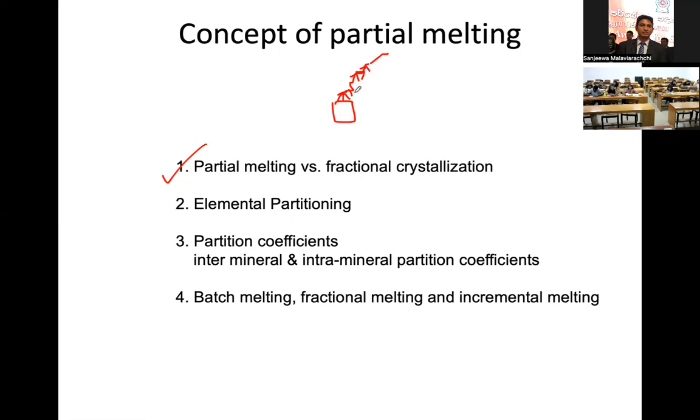And during this melt ascent, I said that when the temperature gap is there, there can be new mineral crystallization. New mineral crystallization means it will form a solid again, right? Some solid material is formed.